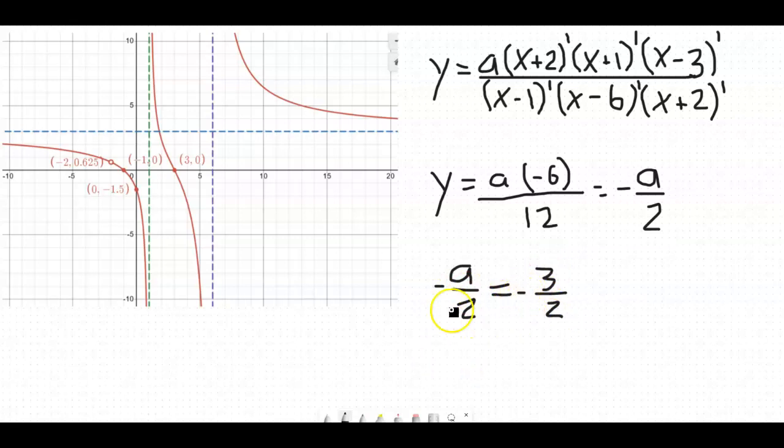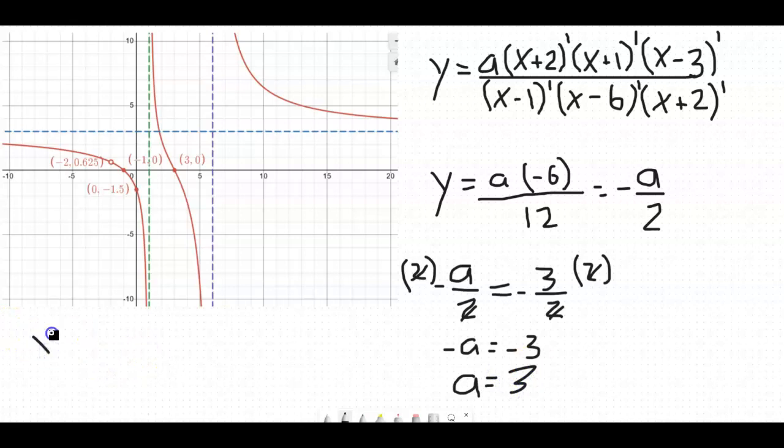It looks like I can multiply both sides by 2, and that'll cancel out, and I'll get -a is equal to -3. And then if I multiply both sides by -1, I'll finally get a is equal to 3.